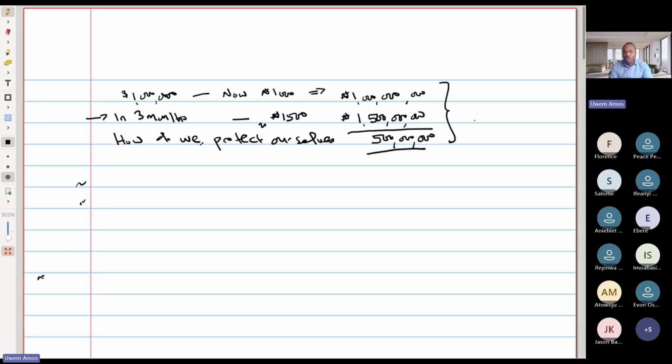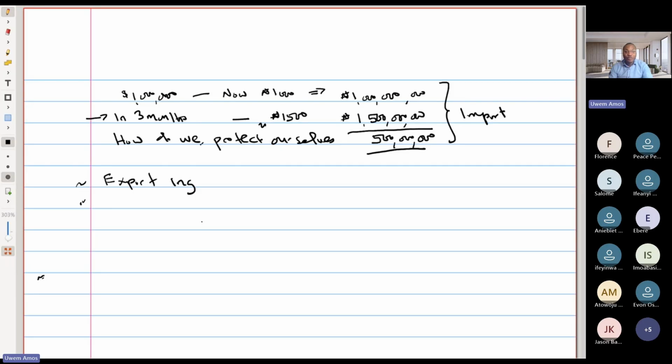Now, the illustration we've just done here would be for someone who is importing or someone who is buying something. It's also important to note that even those who are exporting are also concerned about adverse movement in exchange rate.